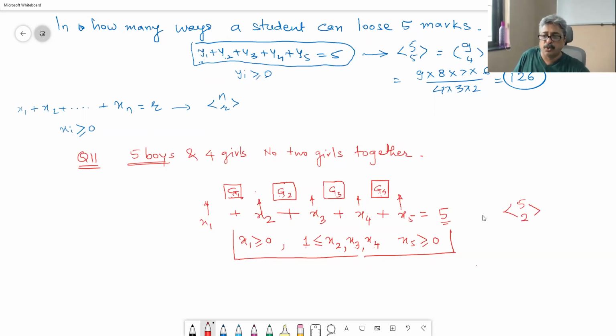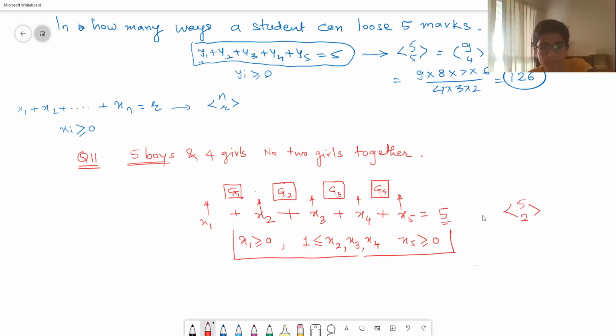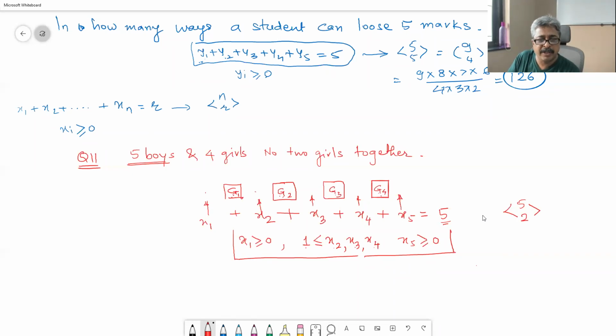In 5 elbow 2 ways, you can insert boys between these gaps. Gap number 1, gap number 2, gap number 3, gap number 5. 5 elbow 2 is 6 choose 2. Correct? 6 choose 2 is 6 into 5 upon 2.